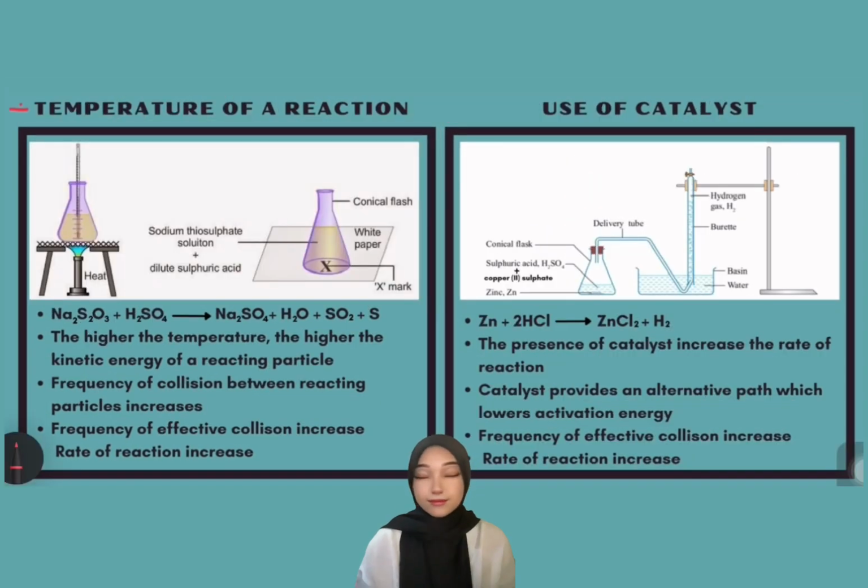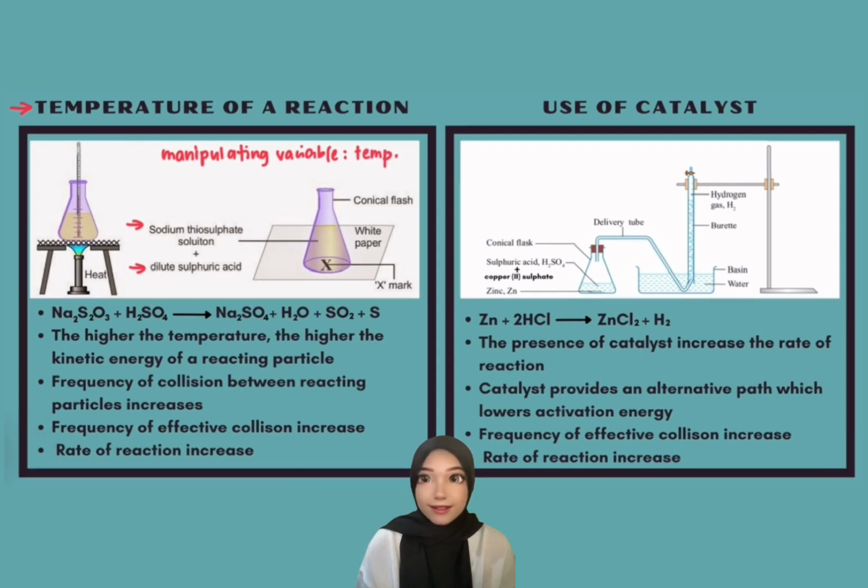Moving on to the third factor, which is the temperature of reaction. For this experiment, we can use the previous experiment from the concentration factor, where we use a reaction between sodium thiosulfate and sulfuric acid, but this time, the manipulated variable is the temperature of sodium thiosulfate. You can compare the rate of reaction between a high temperature and a low temperature of sodium thiosulfate and observe the time taken for the X mark to disappear.